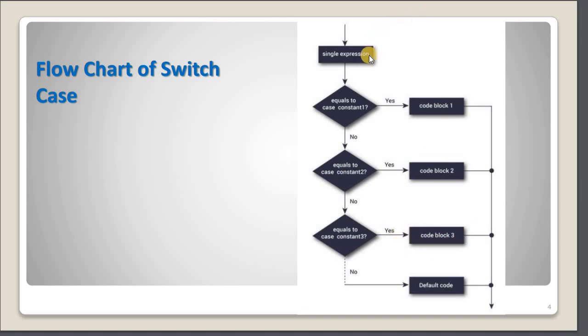So for example, my user entered 2. First it's going to check in this case if it's 1. It's not 1 because the user entered 2, so it's going to go on the no path. And if case is 2, yes, the user entered 2, it's going to run this block of code. Let's imagine that the block of code here is print yes, the number is 2.